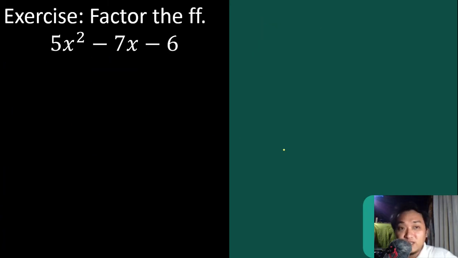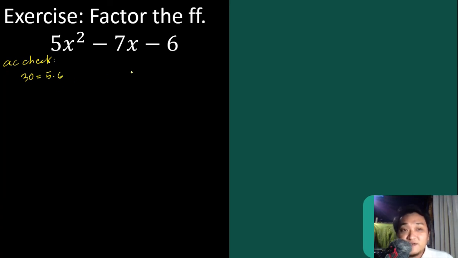Let us have one last example. Let's say we're going to factor 5x squared minus 7x minus 6. Again, we will do the AC check first. We're going to multiply the numerical coefficient of the first and the last term. 5 times 6 is 30. So 30 is equivalent to 5 times 6.